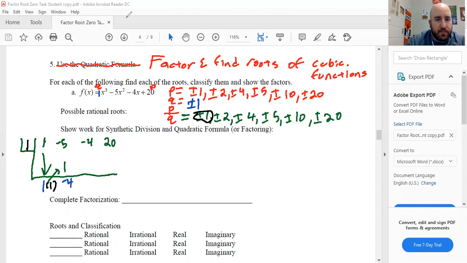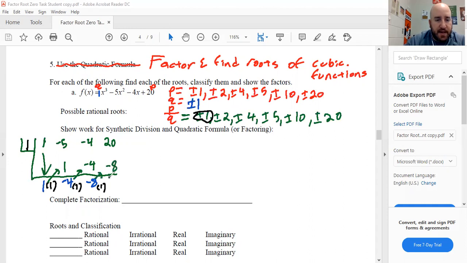-4 times 1 is still -4. -4 plus -4 is -8. Oh, I need to make that blue. -8 times the black one is still -8.